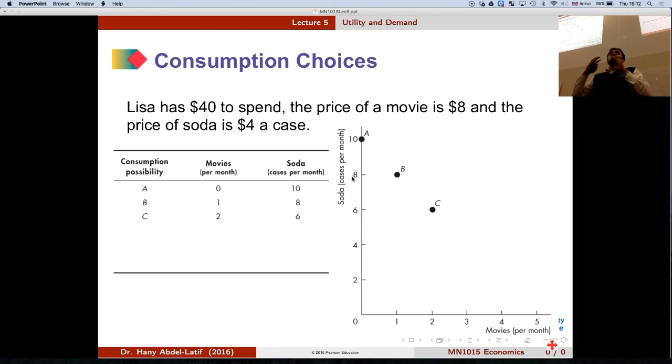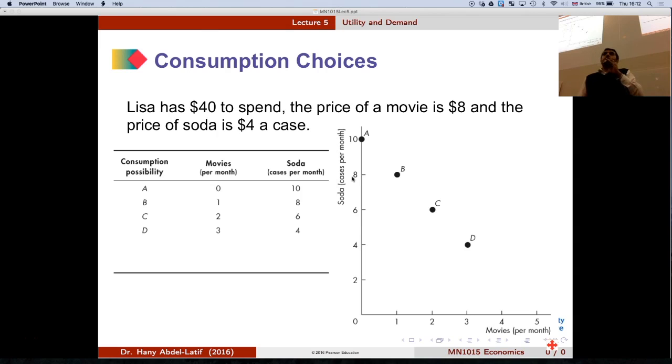Remember, we're trying to understand how Lisa will maximize her happiness, satisfaction, or what we're going to call in a minute utility. How is she going to make the most of the $40 in her pocket if she spends it between movies and soda?